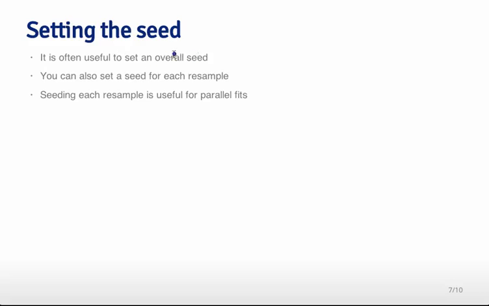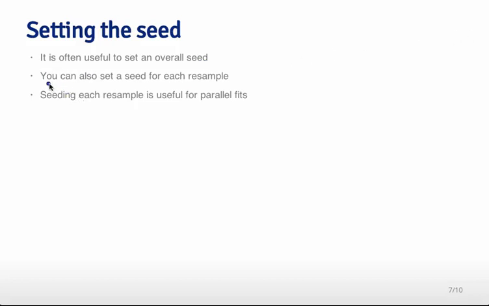If you set a random number seed, that'll ensure that the same random numbers get generated each time. It's a little bit of a difficult concept to get your head around, but the idea is that the computer is generating pseudo-random numbers, and if you set the seed, it will generate the same sequence of pseudo-random numbers again. So it's very useful often to set the overall seed. This is a seed for the entire procedure, so you get repeatable results.